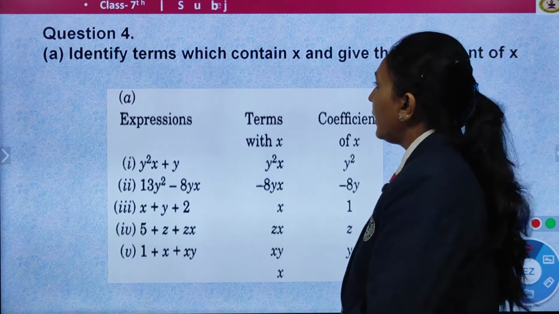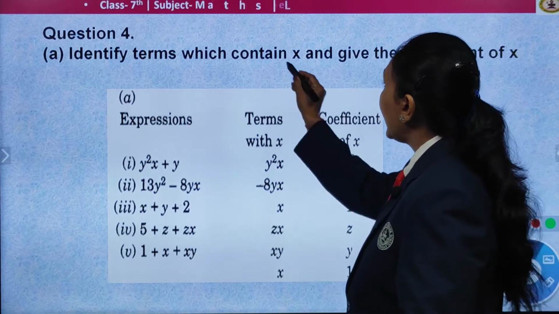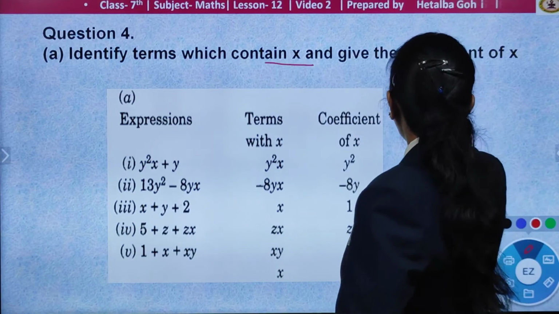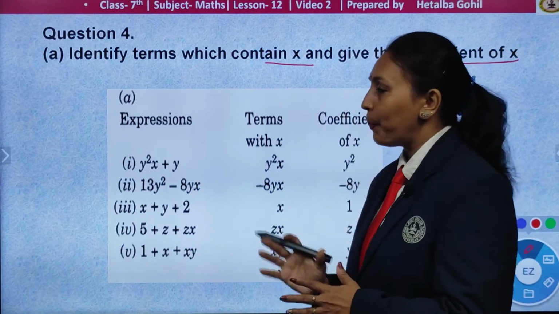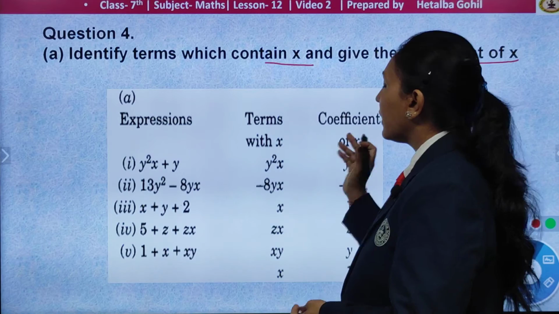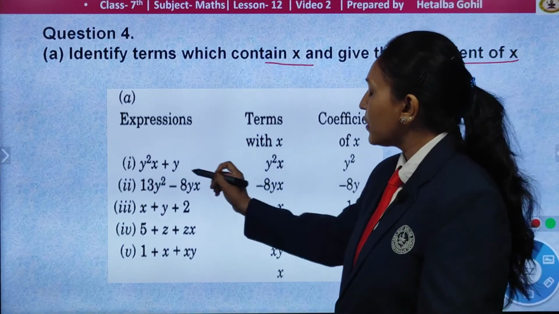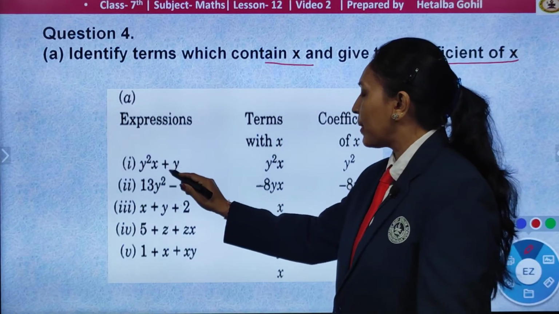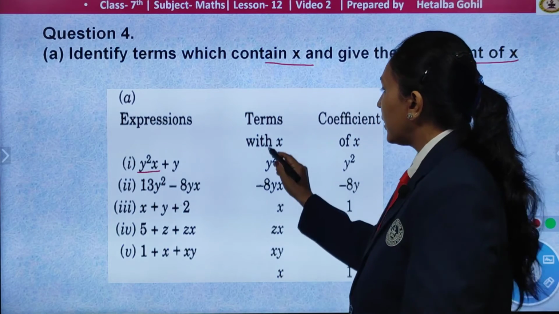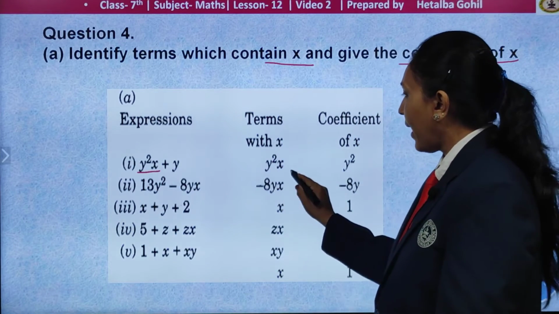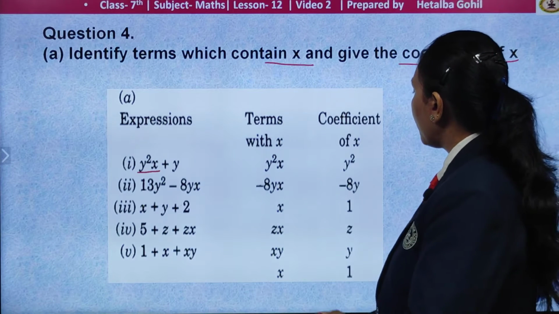Question 4. Identify the terms which contain x and give the coefficient of x. So only the terms with the x we have to pick out from the expression and give its coefficient. The first one here, y square x plus y. So this term has x in it. So the term with x is y square x, and what is the coefficient of x?